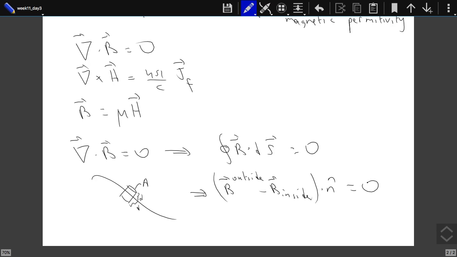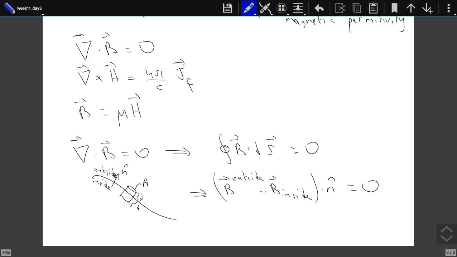The inside and the outside of the surface are defined by our choice of n. So n points from inside to outside. This is our n, this is inside, this is outside. It's up to you to define the direction of n, but changing it means you are changing the definition of your inside and outside.